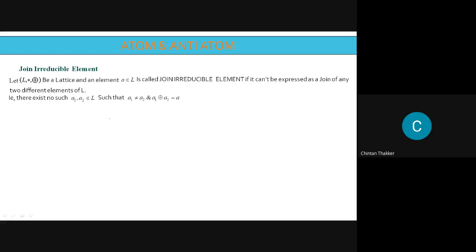In a Hasse diagram, how can we find the join irreducible element? हैश डायग्राम में कैसे फाइंड करते हैं जॉइन इरेड्यूसिबल एलिमेंट?